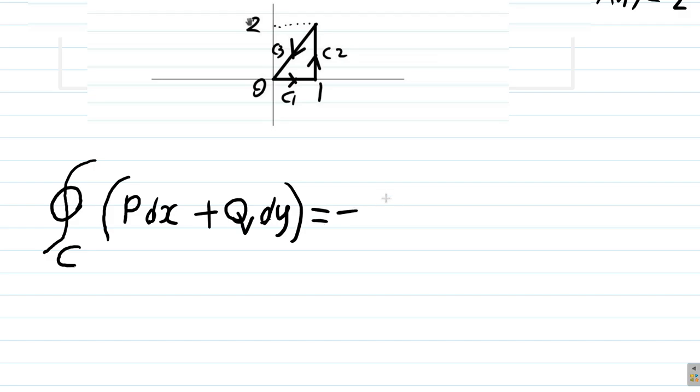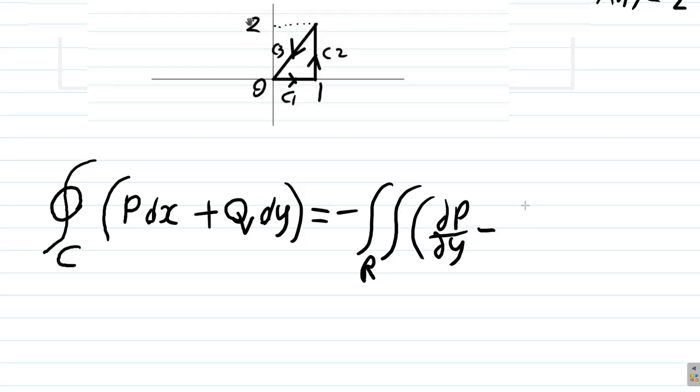This is equal to the double integral within the region R of the partial derivative of Q with respect to x minus the partial derivative of P with respect to y, dx dy, right?